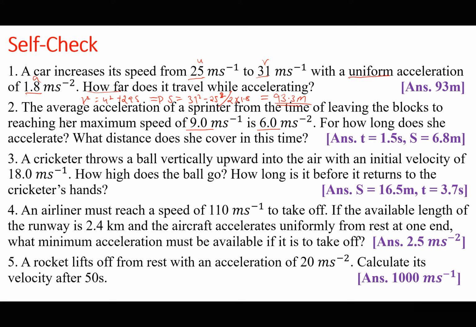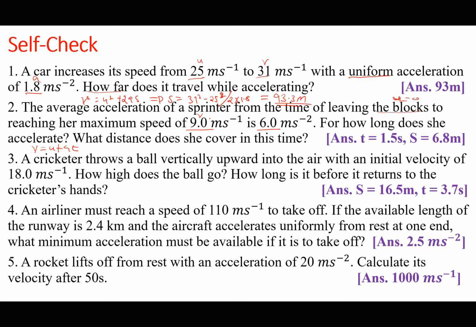They gave us the acceleration. Leaving blocks, it means initial velocity is equal to 0 because it's just leaving the blocks. So it starts from 0 velocity until it reaches 9 meters per second. For how long does she accelerate? For the first one, I can use v equals u plus at.